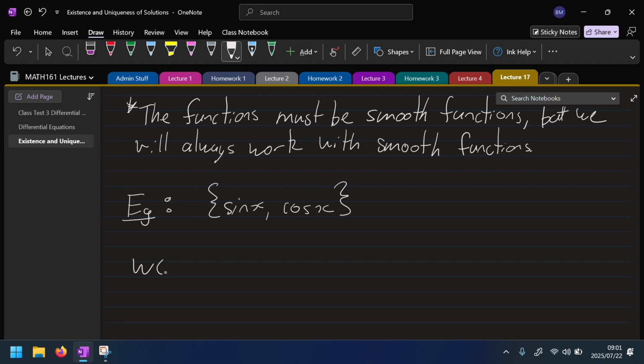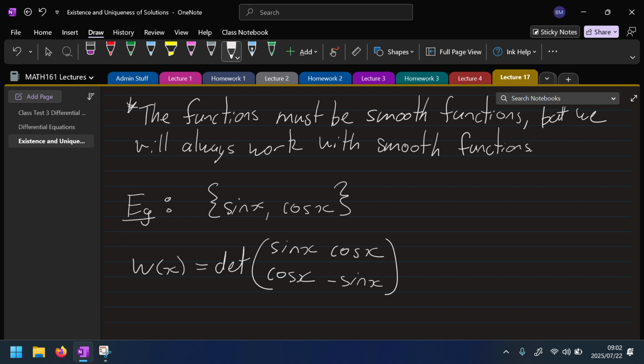Okay, so we need to calculate this W, so that's equal to the determinant. Now, there's different ways of writing the determinant. We could write it like this. So the determinant of sin x, cos x, and then we need to take the derivative. So the derivative of sin, that's going to be cos, and the derivative of cos, that's going to be minus sin.